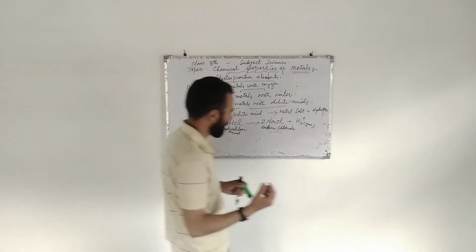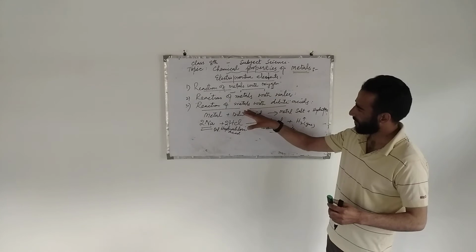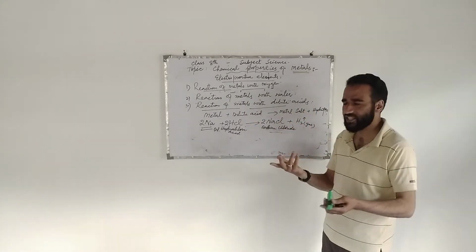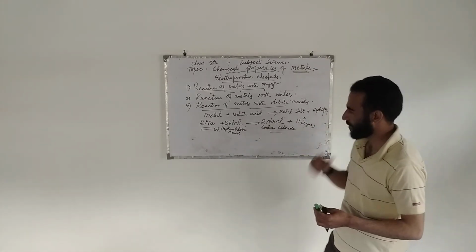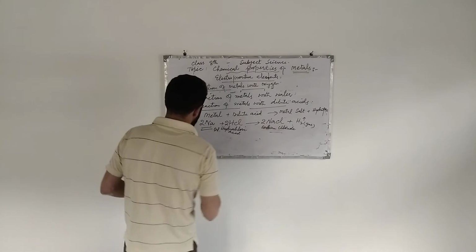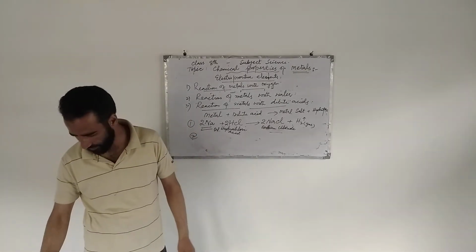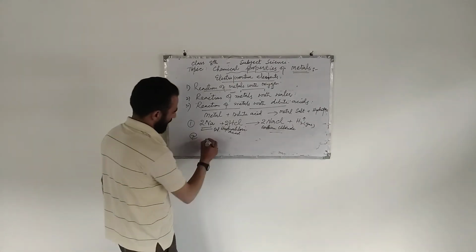So we can say that whenever metals react with dilute acids, they form metal salts and hydrogen gas. The next example related to the same property is when magnesium combines with HCl.